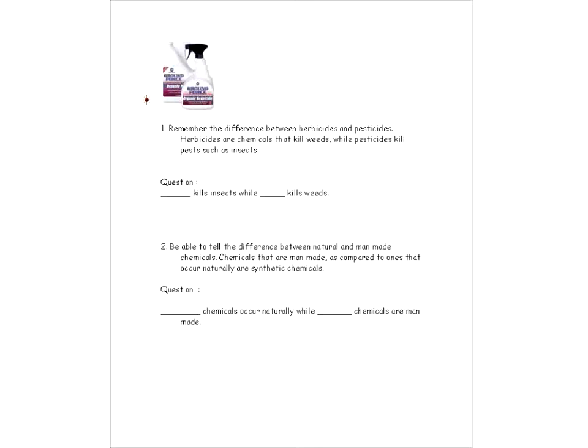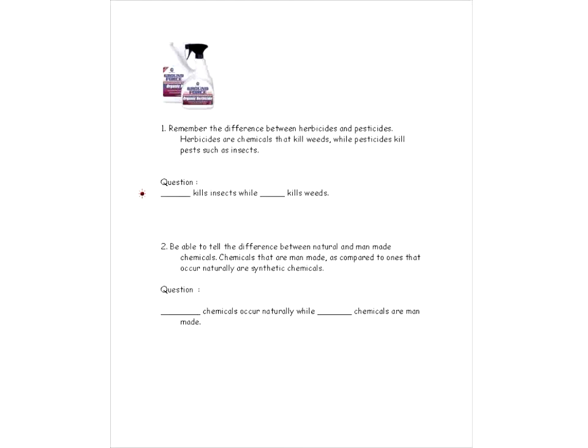These would be weeds growing in our garden or possibly on a farmer's field. Whereas pesticides, on the other hand, kill pests, and a lot of times we're talking about insect pests. So the question here would be: blank kills insects while blank kills weeds. Think about which kind of chemical would go in each of those blanks.